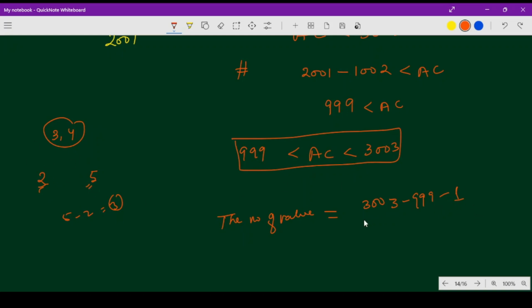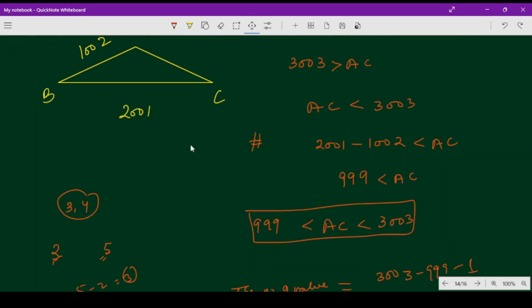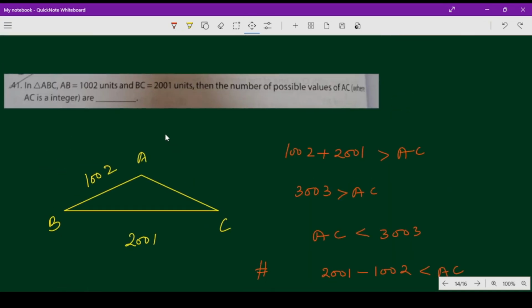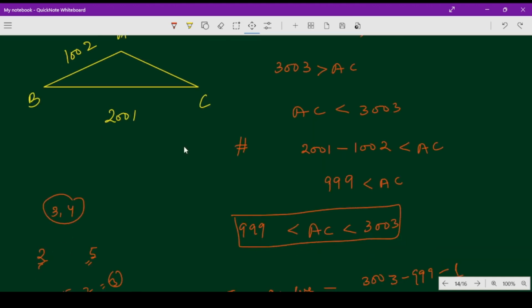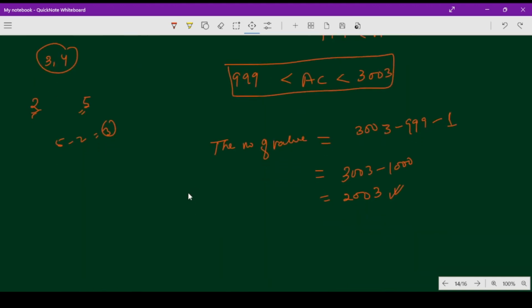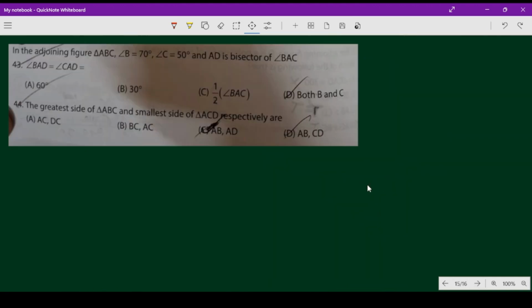For that reason we are subtracting 1 over here. So we get 3003 minus 999 minus 1, which is 2003. So the number of integers that AC can take is nothing but 2003. Let's move on to the last questions.